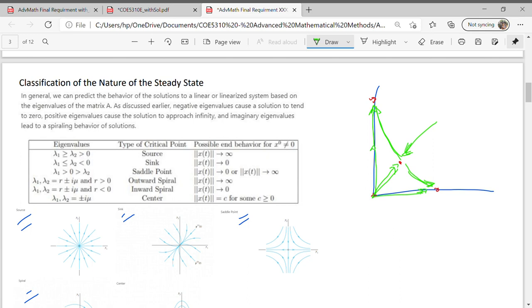So this is the phase portrait of our example.